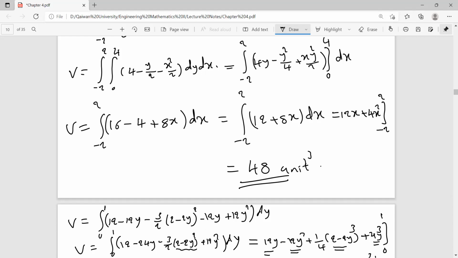We replace x by 2, and then we replace x by -2. When we replace x by 2, that is 24 plus 16, which is 40.